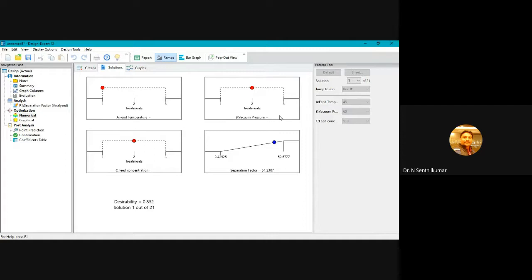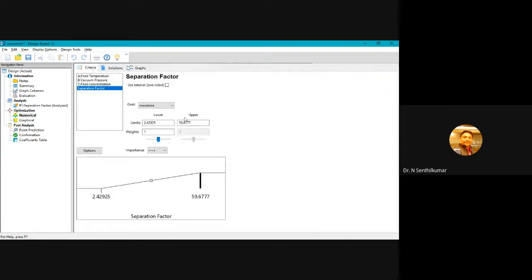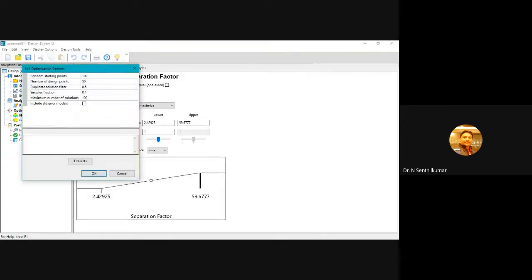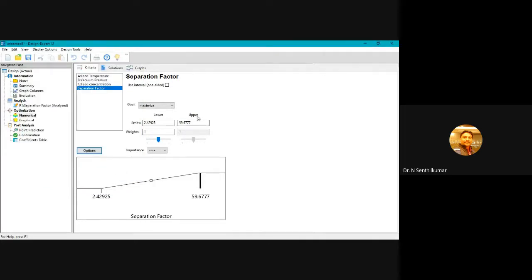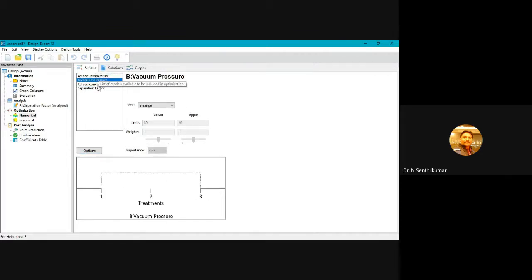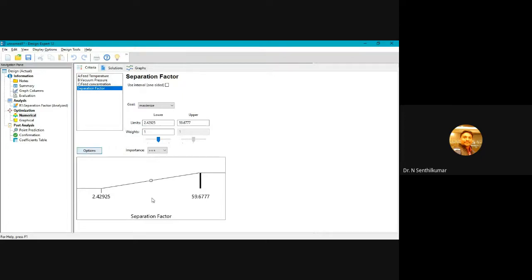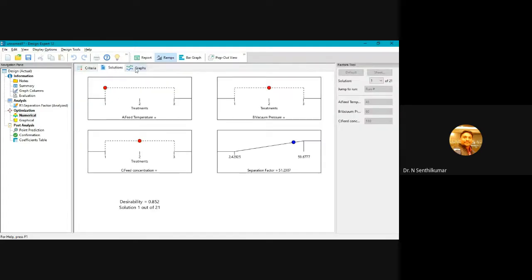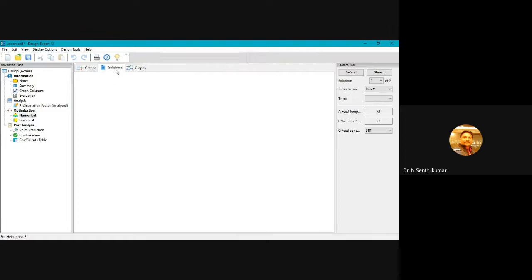Then vacuum pressure is second, and the feed concentration, it will be 2. Okay, criteria. The solutions and graphs we can determine.